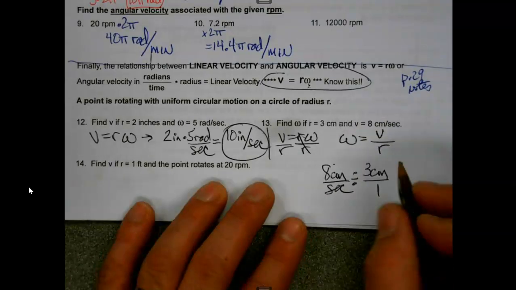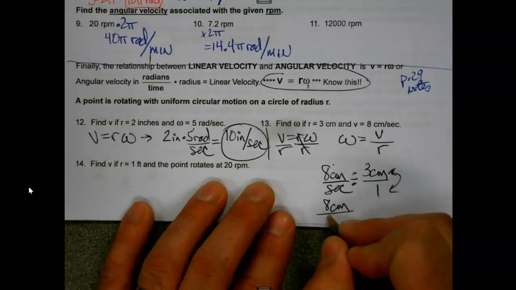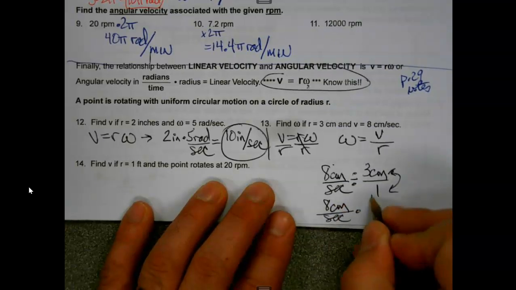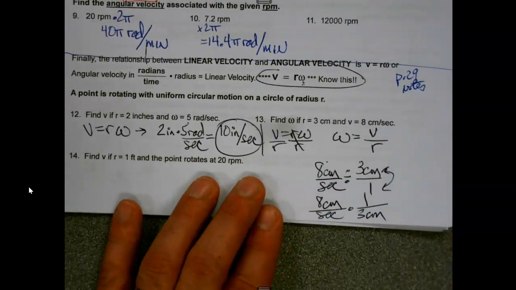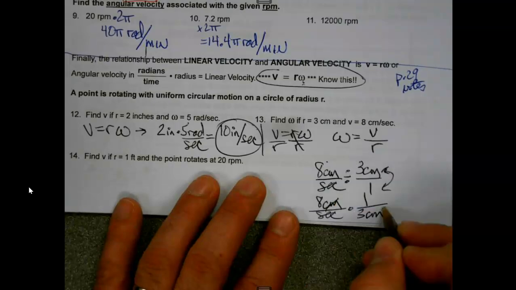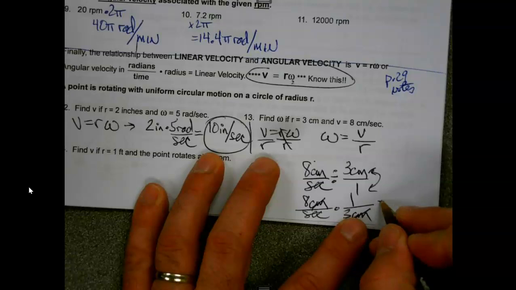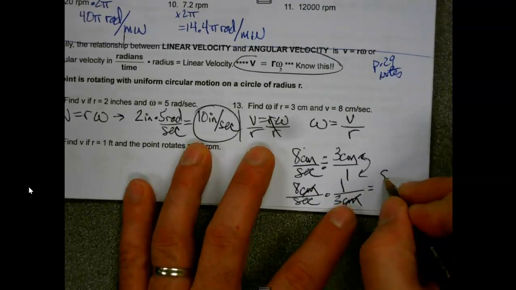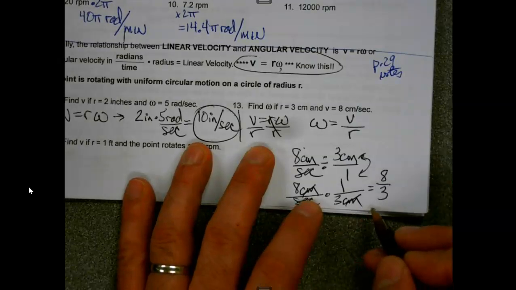That's a pain. So, all right. Flip this. 1 over 3 centimeters. Now, be careful. Those cancel. So I end up with 8 over 3. And you're like, okay, so seconds is on the bottom.